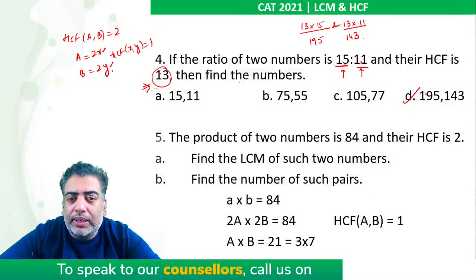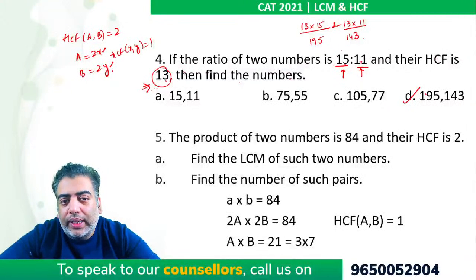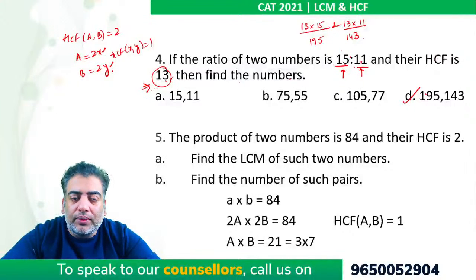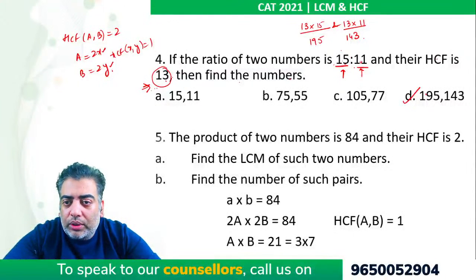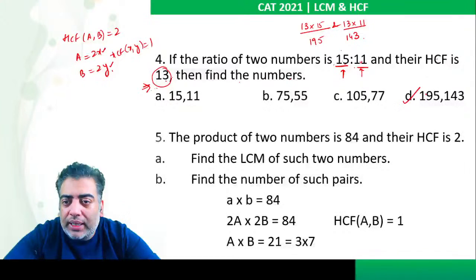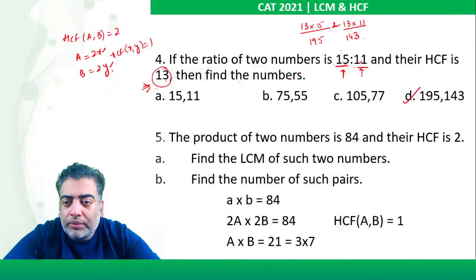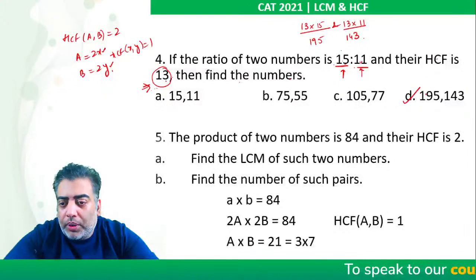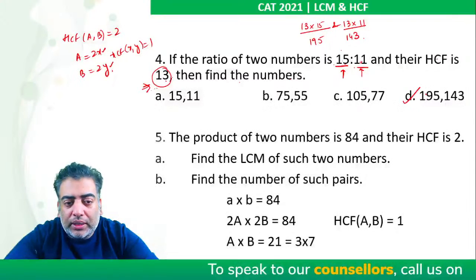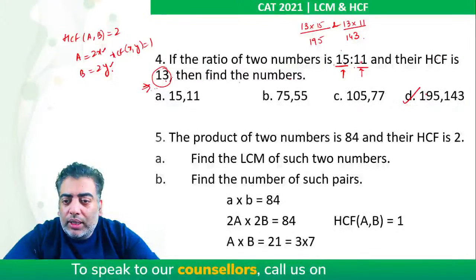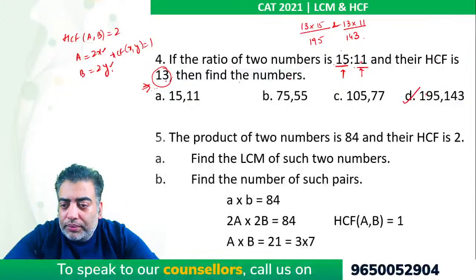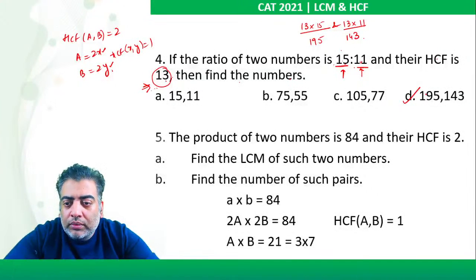So the two numbers must be 13 into 15 and 13 into 11. So please check, is it clear to everyone, are all the students able to make the link? I hope no one has any problem, but still, if you want more on this, we can discuss. Right. Okay, then let's move on.